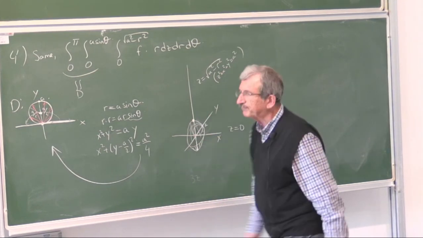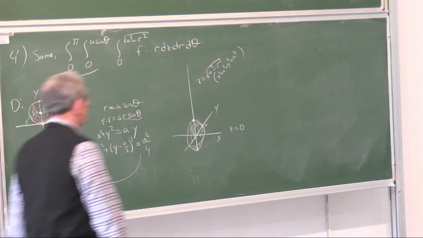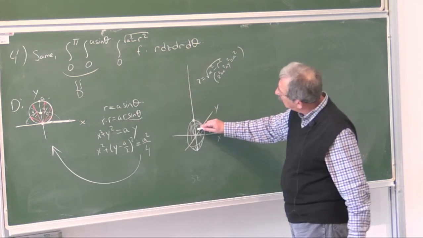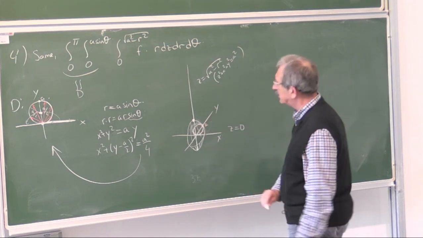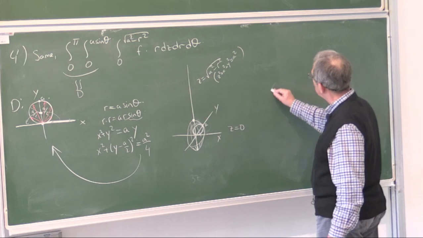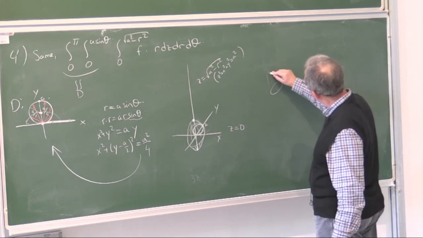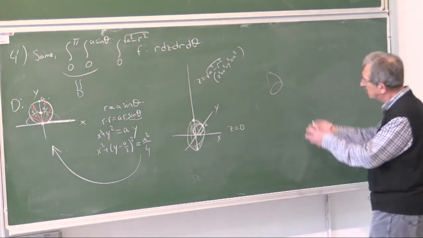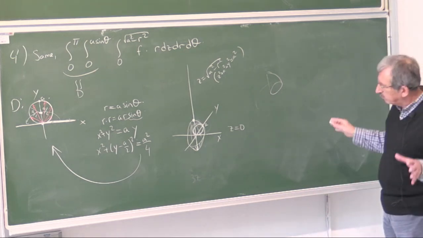At the top. So all in all, what does the picture suggest? Everything happens on top of this D. This is the base, and on top of it, we have a sphere, which is pretty large, but we don't care what happens far away.